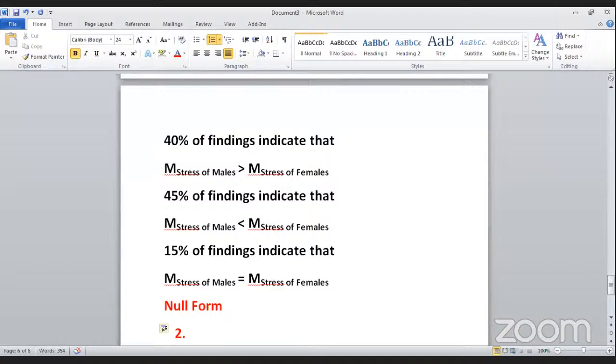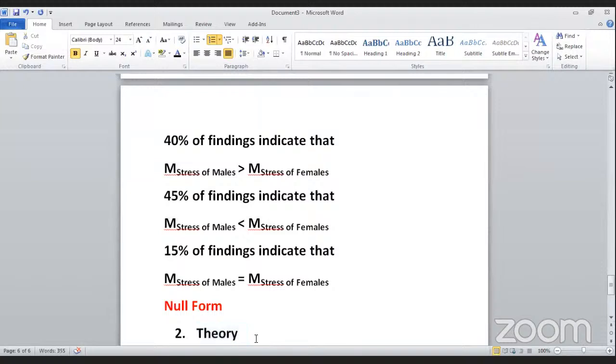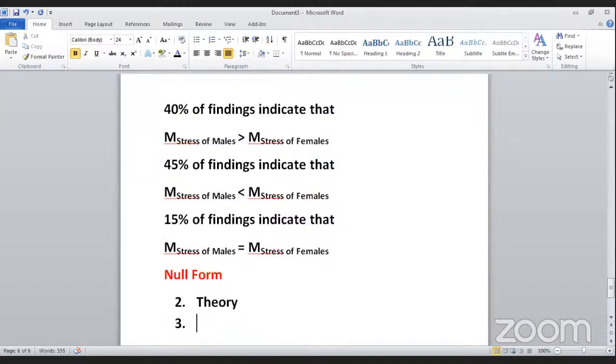Now, next is the theory. If you have theory as a base, then can you tell me, should you formulate hypothesis in the null form, or should you formulate hypothesis in the directional form? When theory is there, if theory is the base, then as a researcher, you cannot formulate hypothesis in the null form.